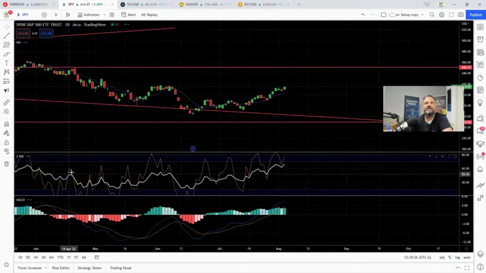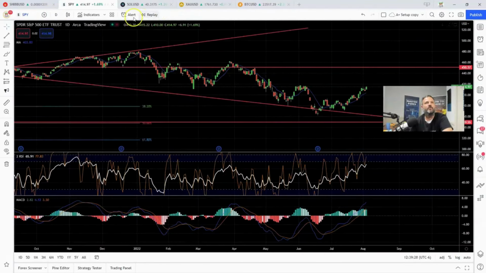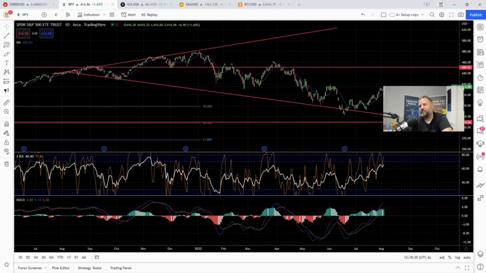Let's take a look at it daily to see how difficult that would be. A lot of times when you think you're having a pullback, like right here, it's actually not working. Or even here, you end up having some problems. Right here you get a pullback and it just keeps coming down.